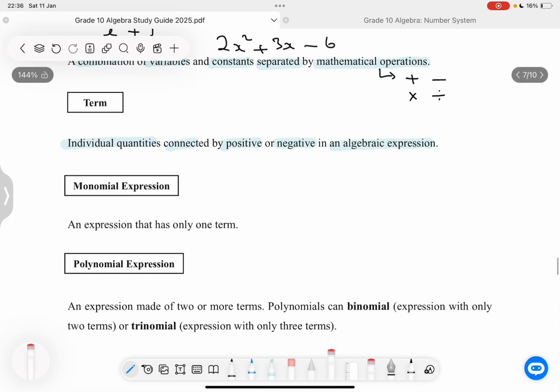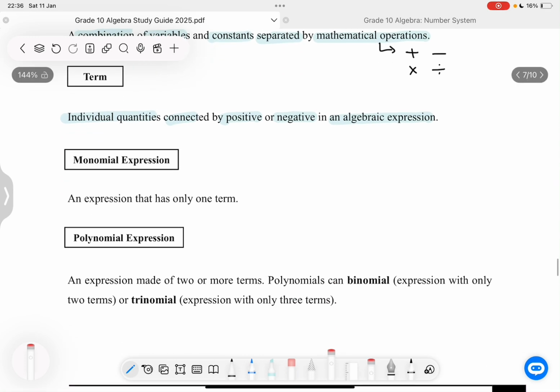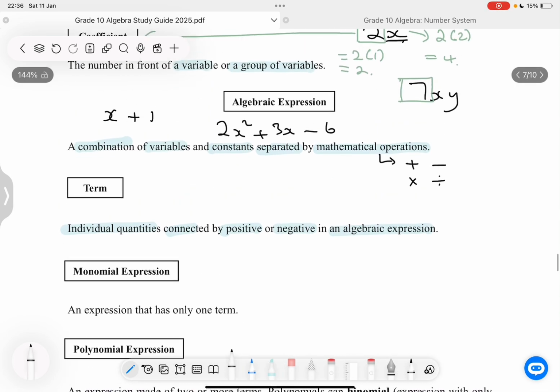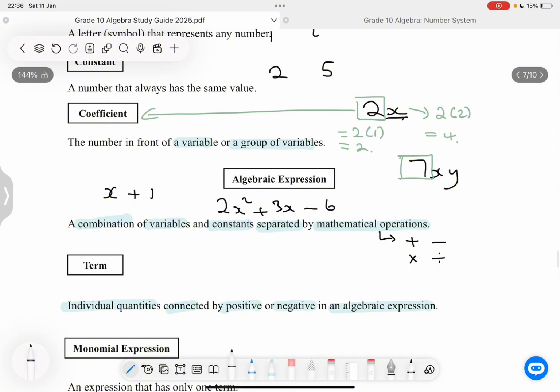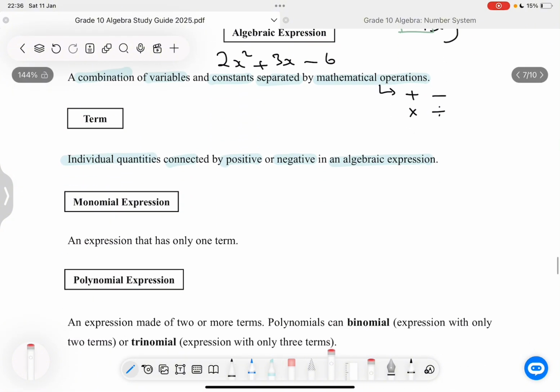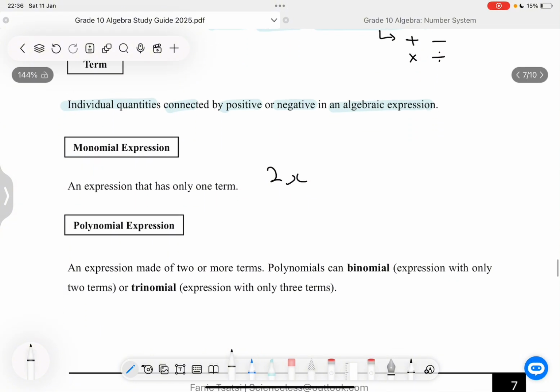Now there is a monomial expression. A monomial expression is simply an expression that has only one term. So this could be something like 2x. If you look here, 2x is a monomial expression. It is only one term. Then we also have polynomials.